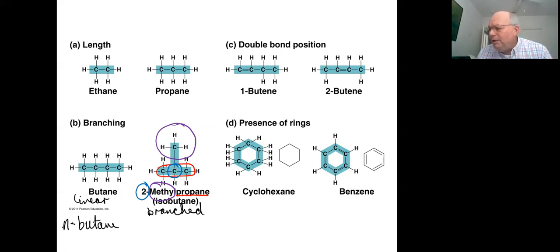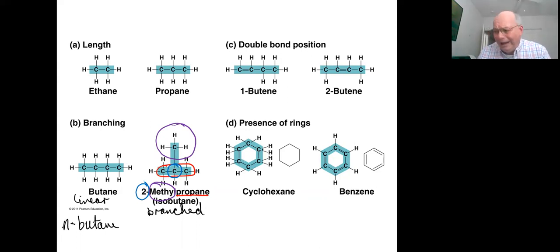So now we've got linear chains, we've got branch chains, we've got chains with double bonds between the carbons. We're not done yet, because carbon can now form ring structures. I don't have a model of cyclohexane, because I don't have enough carbons in my modeling kits. But you can see that now the chain folds around on itself and links back up again. So this ring contains 6 carbons.